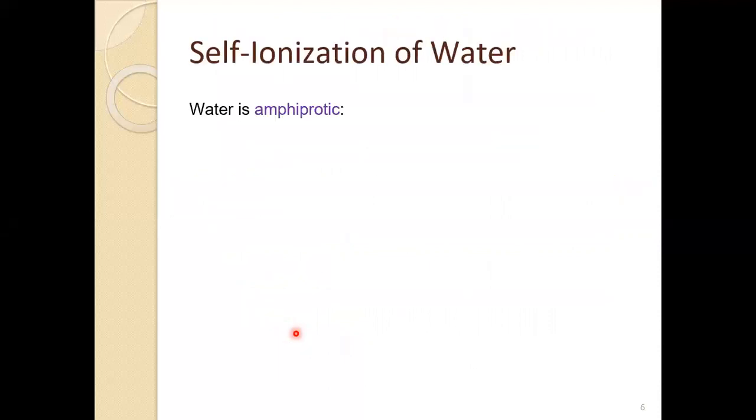So as we said on the previous slide, water is an amphiprotic substance, which means it can behave either as an acid or as a base. So if we have pure water, or even any type of aqueous solution, most of the molecules in that substance are water molecules. So what may happen is that 2 water molecules can actually react with each other. If that happens, then one substance acts as an acid, it loses a hydrogen ion.